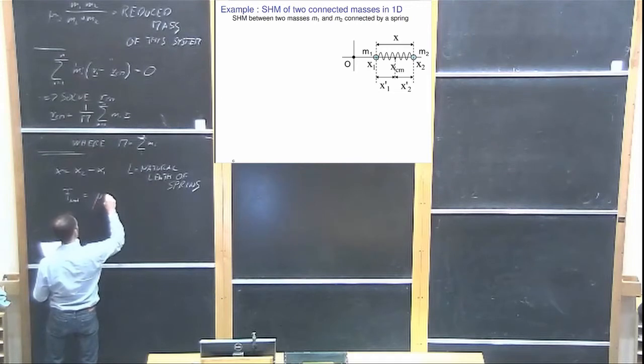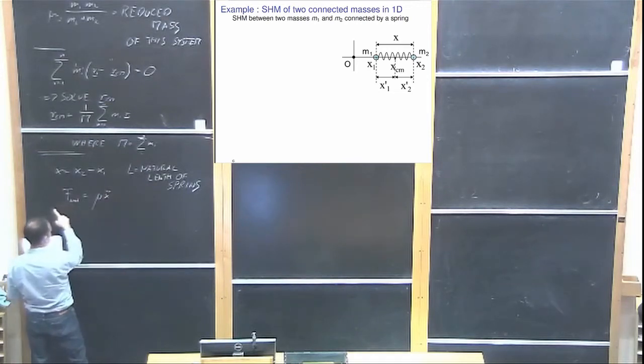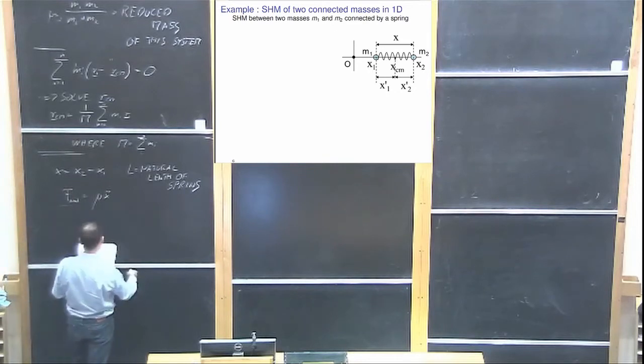Now from the slide before, the equation of motion, because we only have internal force, is mu x double dot equals minus k (x minus L). We'll do it in one dimension, that's why I can drop the vector notation.